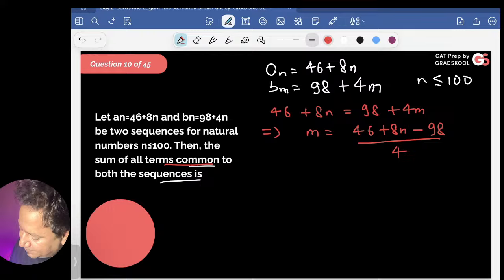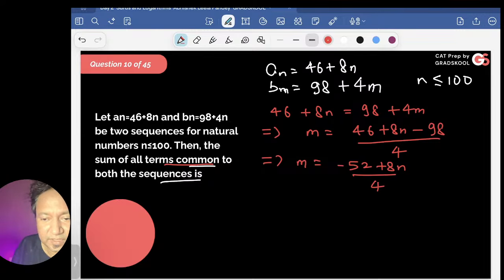So I'll get m is equal to, now see, 46 minus 98 is how much? 52, right? So minus 52 plus 8n upon 4 is what we have over here. All right.